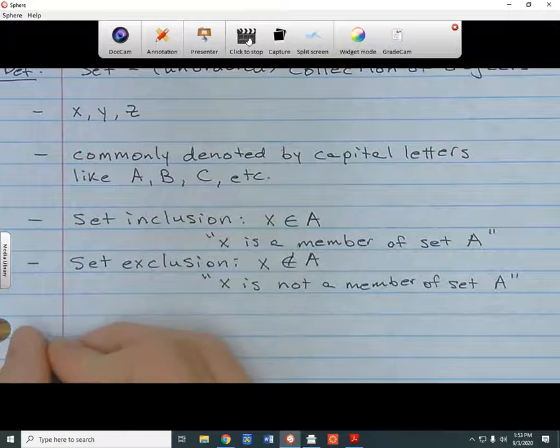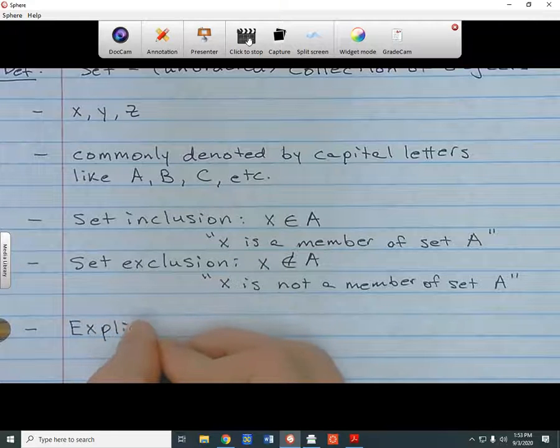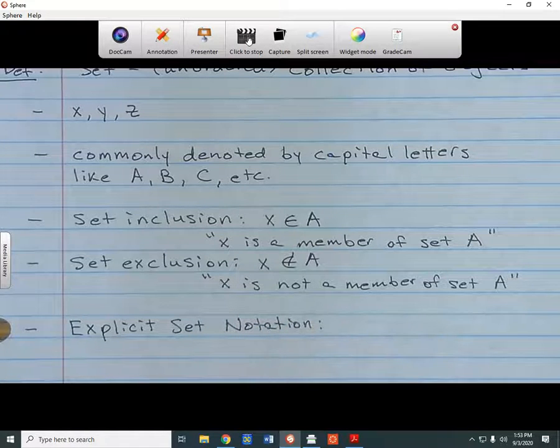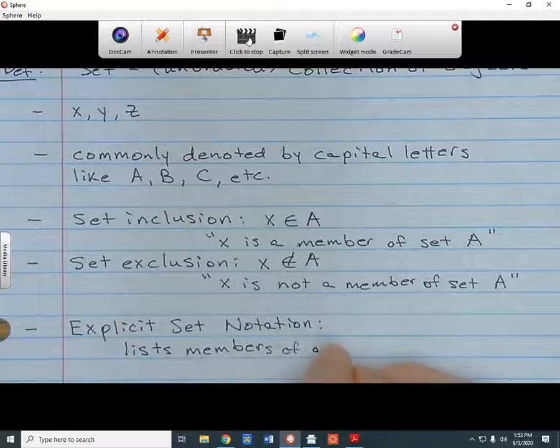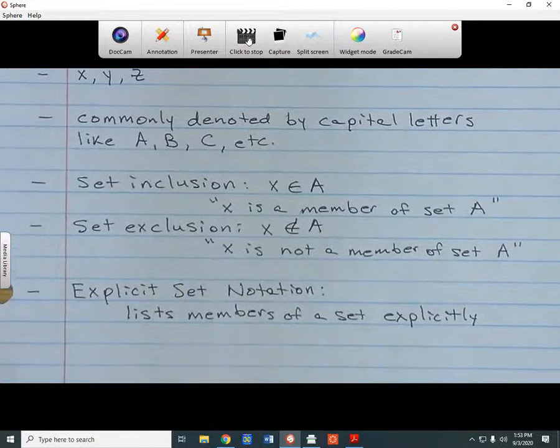Now let's talk about set notation. When we talk about explicit set notation, that means we list all the members of a set explicitly. So let's see what it looks like in an example.